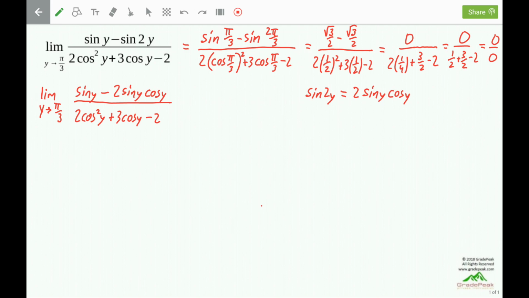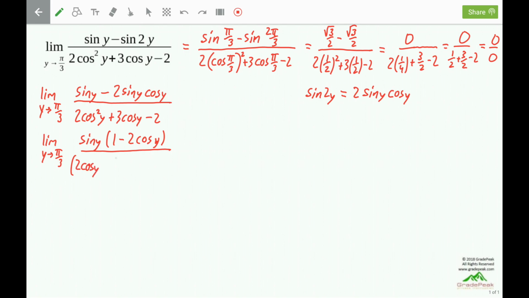We still have 0 over 0, but we have factorable expressions, and we're going to attempt to factor them now. In the numerator, we have a common factor of sine of y, leaving us with 1 minus 2 cosine of y. In the denominator, we have a trinomial quadratic, so this will factor.